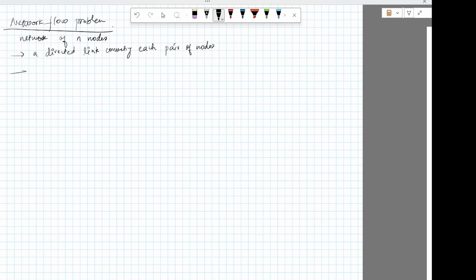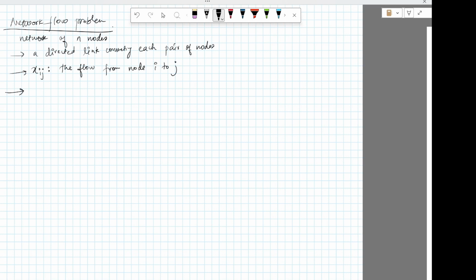So you have this data, what exactly data you want to measure. You have some variable xij, which is the flow from node i to j, and there is a cost associated with the flow.